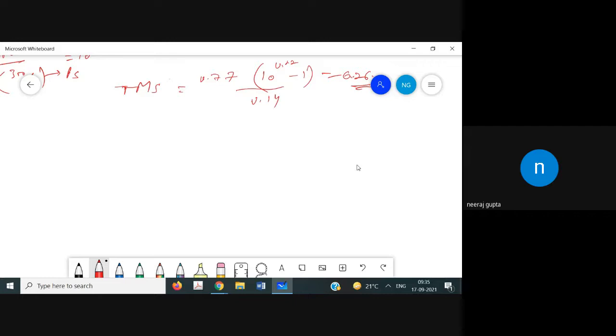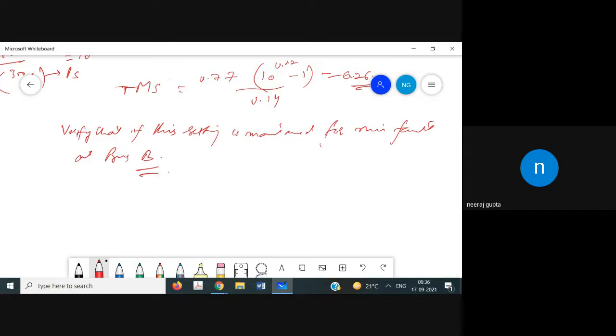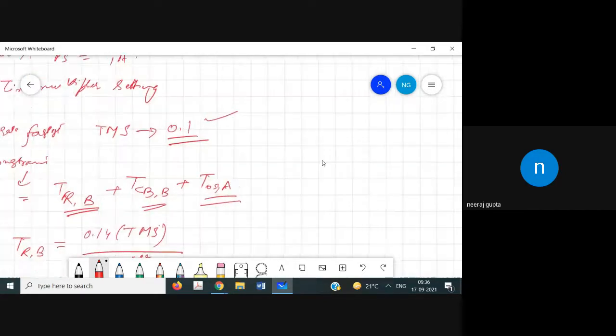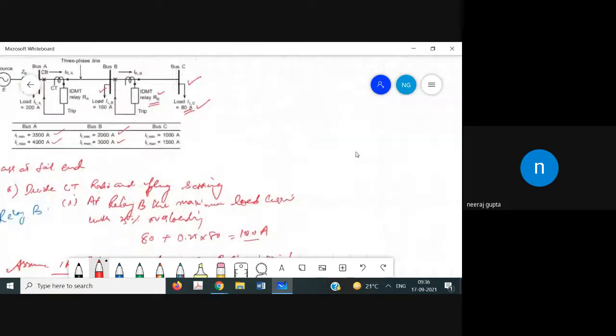We have to verify that this setting is maintained for minimum fault at bus B. So now we have to see what is the minimum fault current at the bus B. From this diagram, the maximum and the minimum value is given.